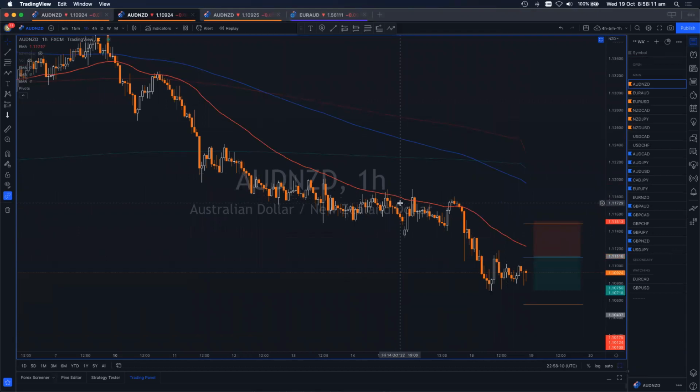On this one hour chart, I have the 1 hour 50, this red line here. I have the 4 hour 50, which is this blue line. It's not the 1 hour 20, it's the 4 hour 50, because that gives me an indication of where the next time interval up, the 4 hour, is heading.